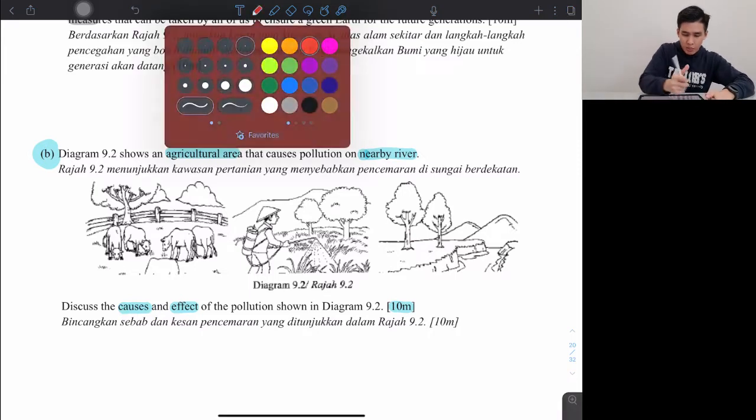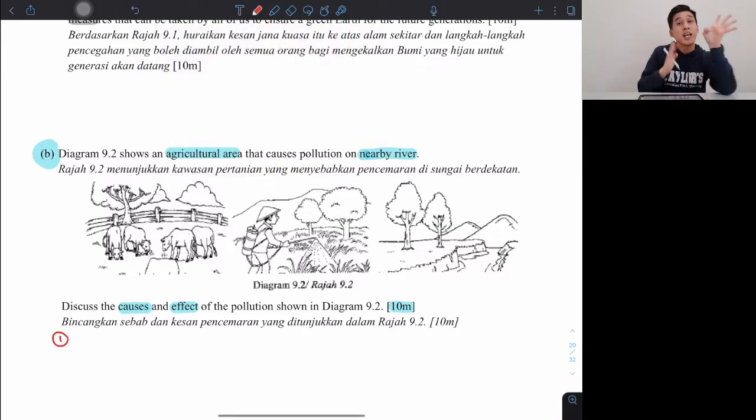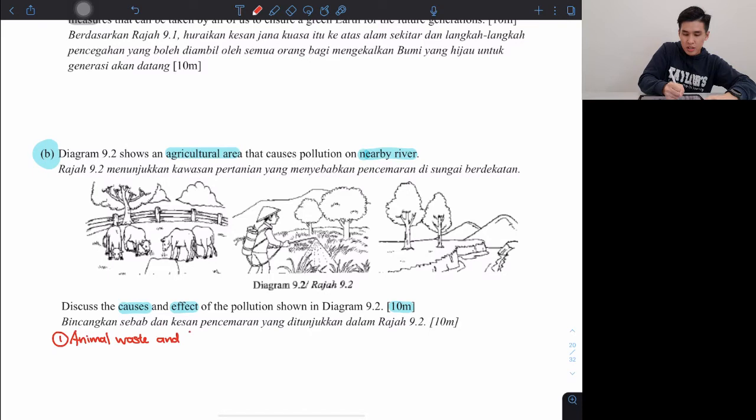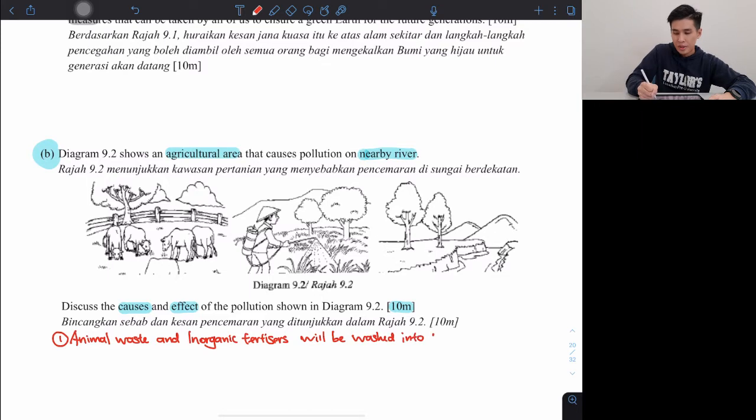Okay, so number one, human activities first. So we can see got animal, got fertilizer. So I can say animal waste and inorganic fertilizers, okay, from this agricultural area will be washed into the nearby river.